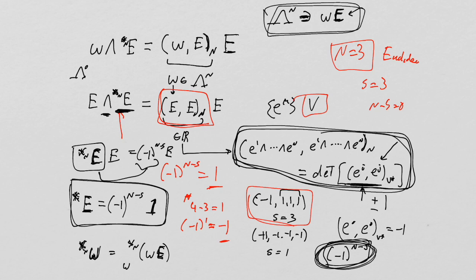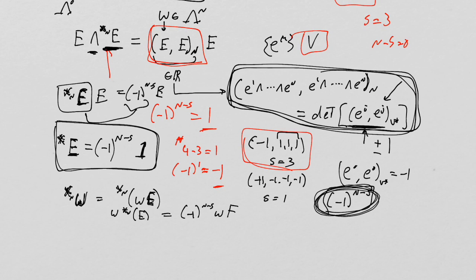Here I have the component times the Hodge dual n of E, which is going to equal minus 1 to the n minus s omega times 1, times the 1 basis vector. Okay? So those two cases are done.